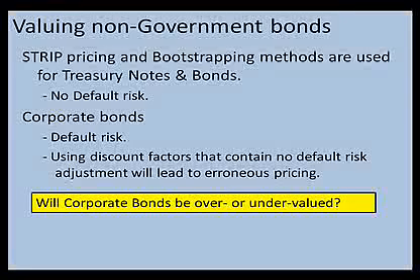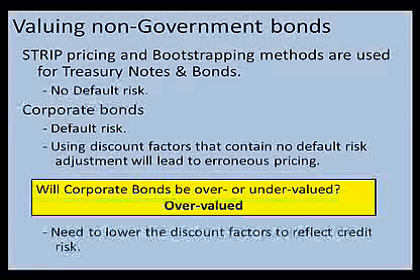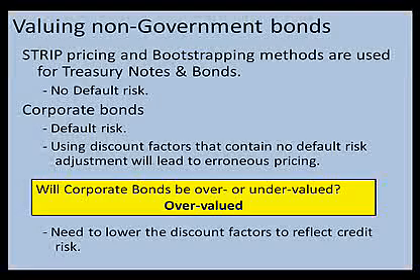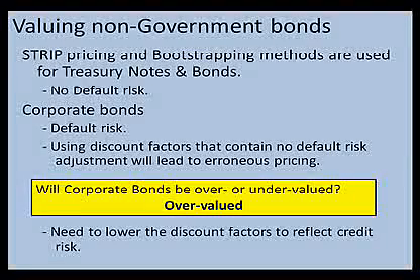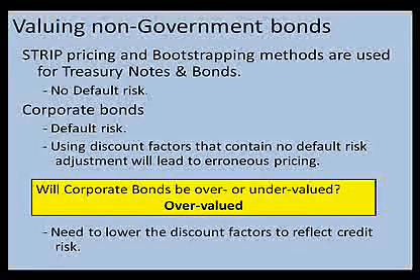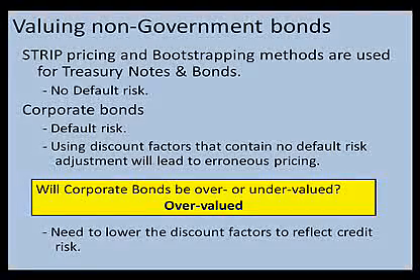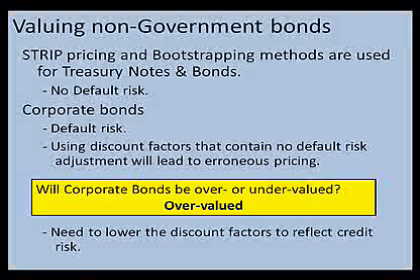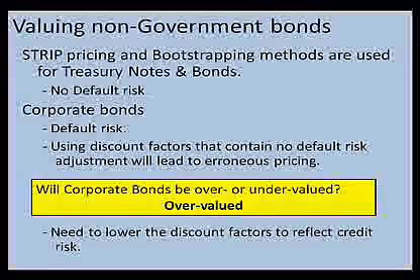If there's default risk, you'd think you'd require higher rates of return. In other words, your discount rates will be higher, which would mean your discount factors would be lower. So if we use these government discount factors, the corporate bonds are going to be overvalued. We need to lower the discount factors to reflect credit risk.